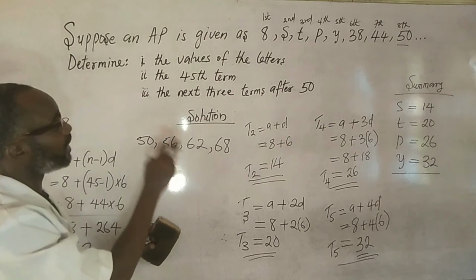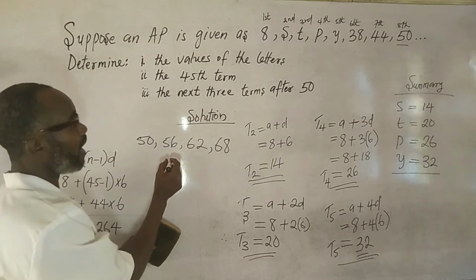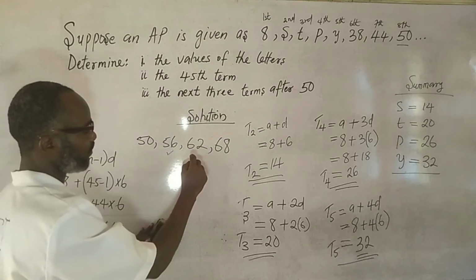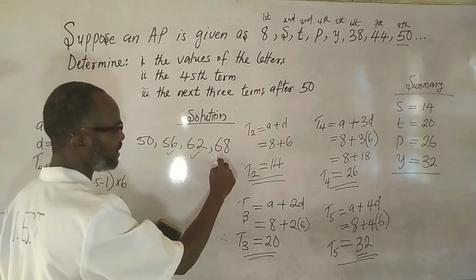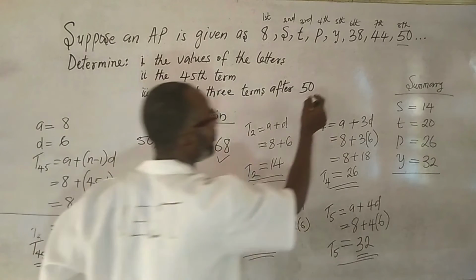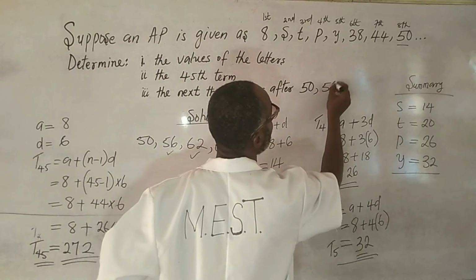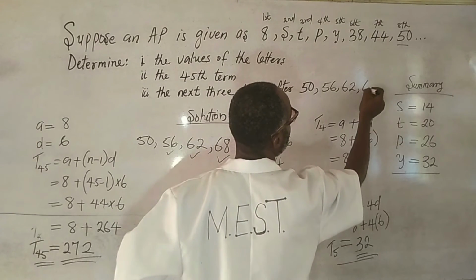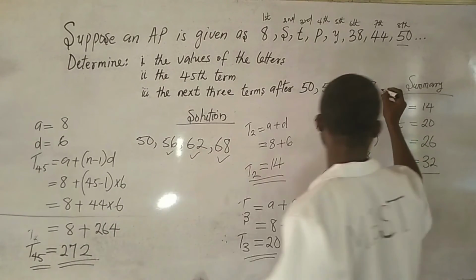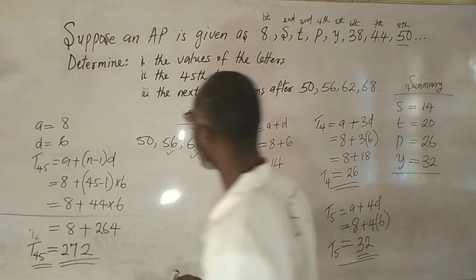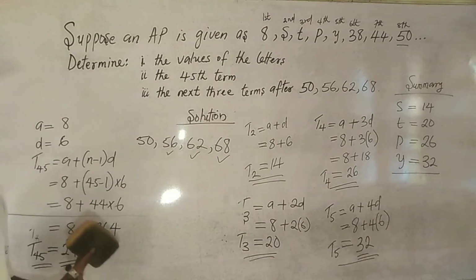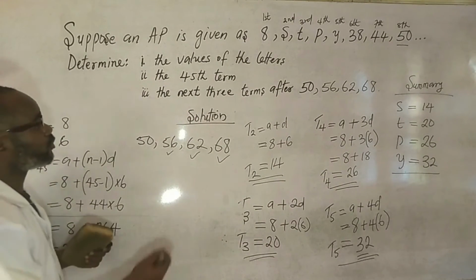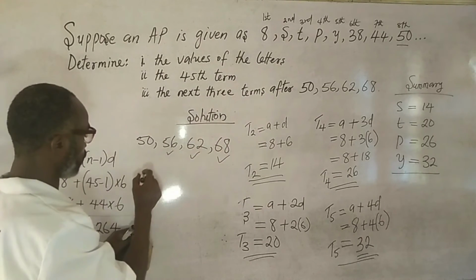Therefore, the next 3 terms after 50 are 56, 62, and 68. We can put it here. Maybe we stop at this point. That is it. Solved.